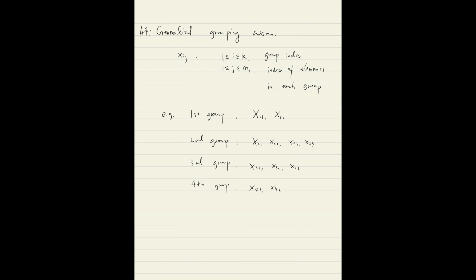Each group has mi elements, and mi can be anything. This is the index of elements in each group. Very good. We're going to start from here next class. Okay, thank you.